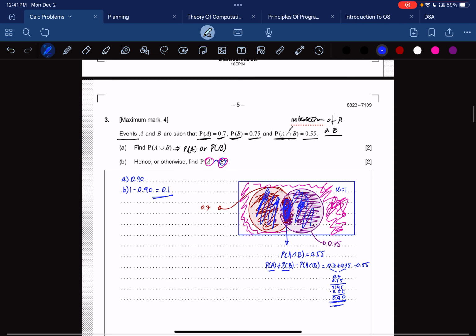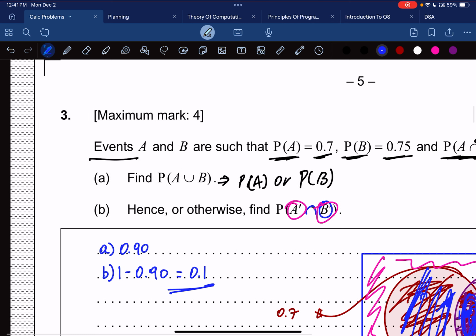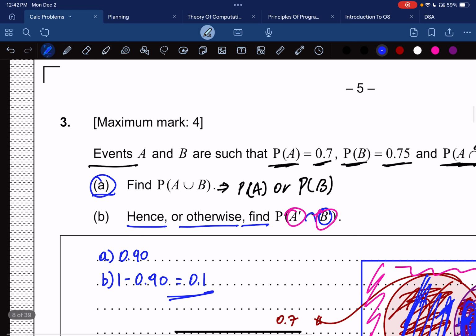Another thing that I want to point out about IB is that when they give you a sequence of questions and they say hence or otherwise find something, it usually means that whatever you did in the previous part, you're going to be using it again and again. For example, we used the answer that we found for A in B. So if you skip A and say, oh no, I'm just going to do B, think about how the question is being phrased.